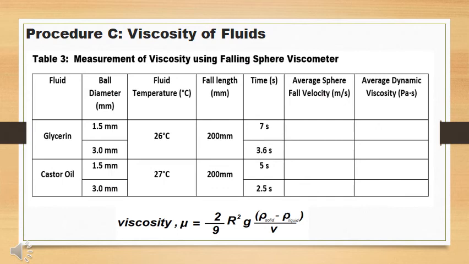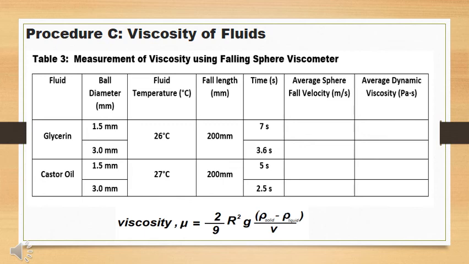After conducting at least 3 trials for each of the fluids, the glycerin and the castor oil, using the ball diameters of 1.5 mm and 3 mm, we have recorded the temperature: 26 degrees Celsius for glycerin and 27 degrees Celsius for castor oil. The fall length is the same for each fluid, with the viscometer jar at 200 mm.